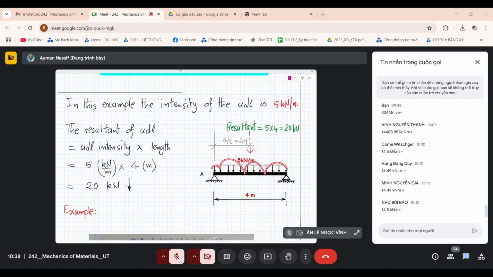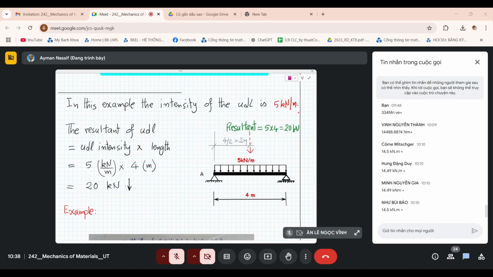Remember this. This is a mistake some students make in the UK anyway. They take away the intensity of the loading, the UDL, and they just replace it with the resultant. This is okay in some situations, and I will explain later what I'm saying.